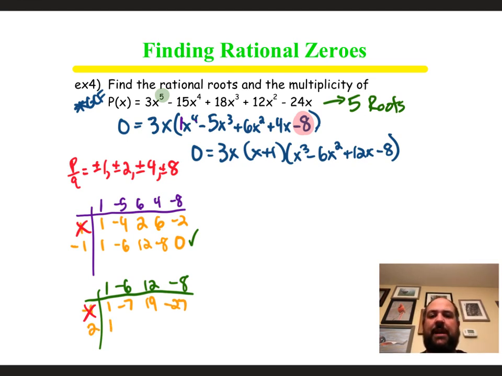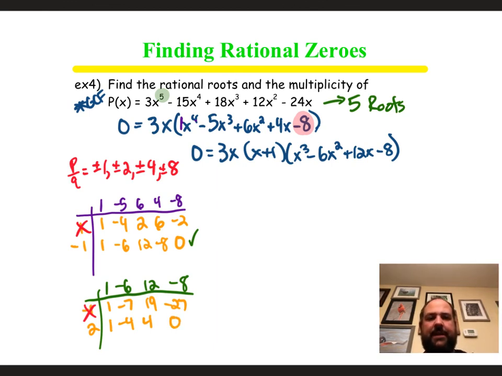Let's see. We bring down the 1. 2 times 1 is 2, plus -6 is -4. 2 times -4 is -8, plus 12 is 4. 2 times 4 is 8, plus -8 is 0.